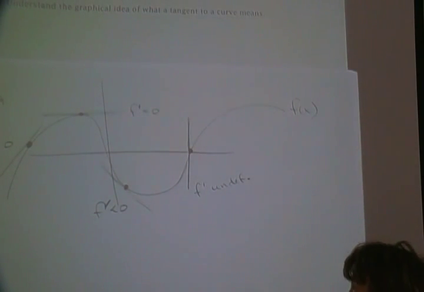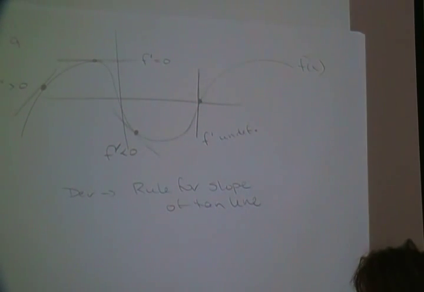So you want to have an idea of what this tangent is representing when you're finding it. And the derivative is always the rule for the slope of that tangent line. So when you find dy/dx, or f prime, or whatever you want to call it, you're finding the rule for the slope of the tangent line to that curve.